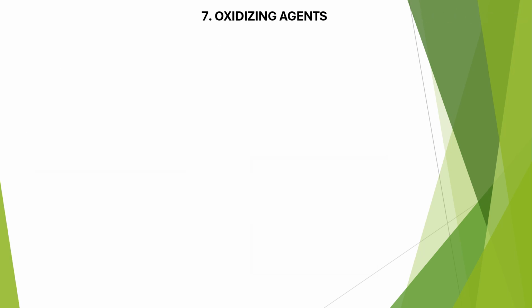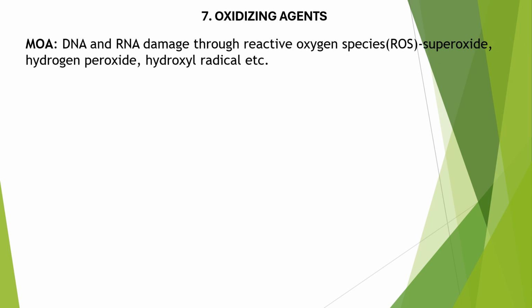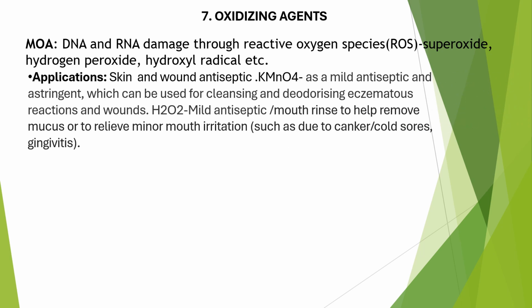Then we have the oxidizing agents. How do they act? They cause DNA and RNA damage through reactive oxygen species. The examples are hydrogen peroxide and potassium permanganate. Potassium permanganate is a mild antiseptic and also has astringent action.